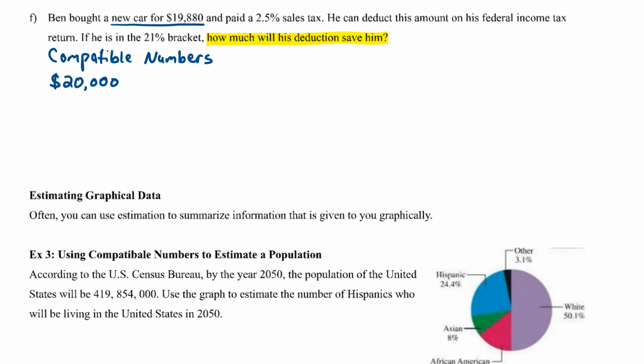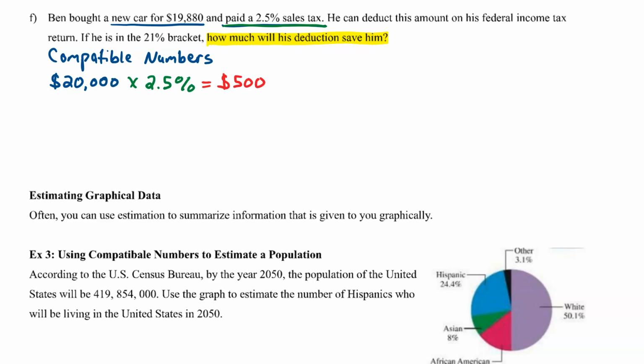And he paid the 2.5% sales tax, so we're going to multiply by the 2.5% sales tax. And when we multiply, that's going to be $500.